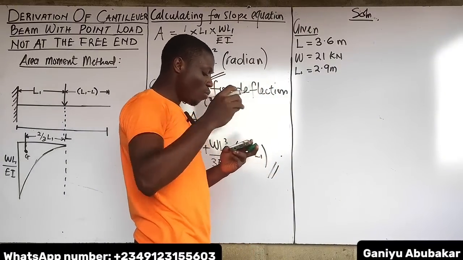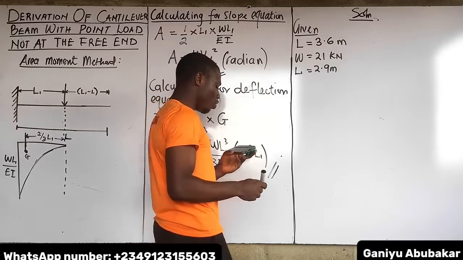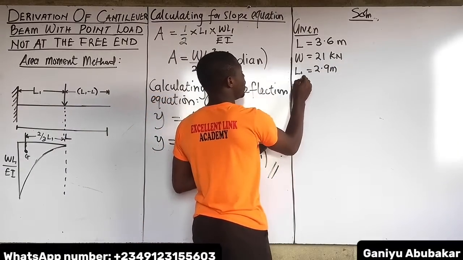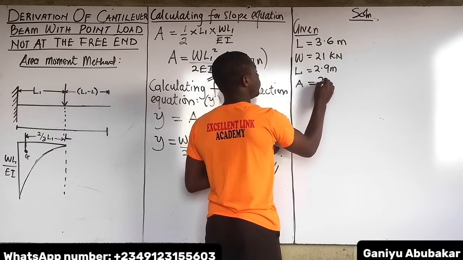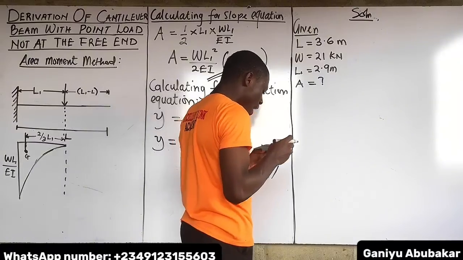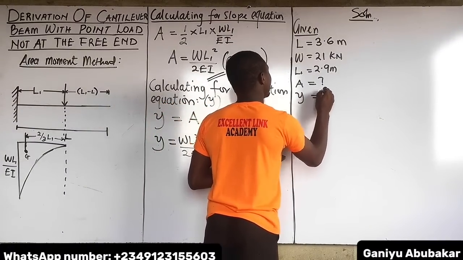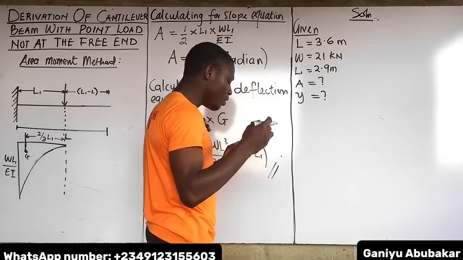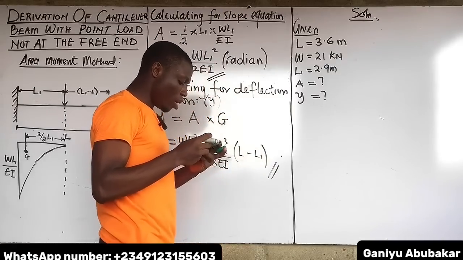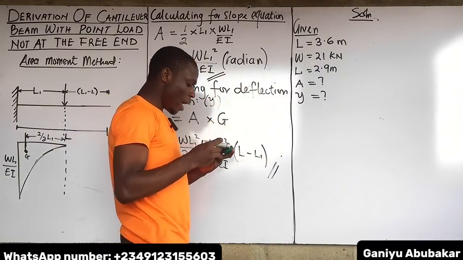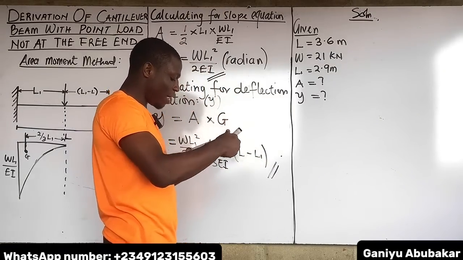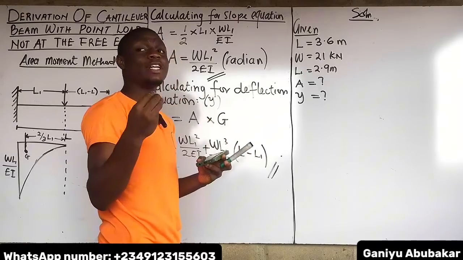All right, what are the values we want? For the slope, that's A, and the deflection, that's Y, both are unknown, at the free end of a cantilever using the area moment method.